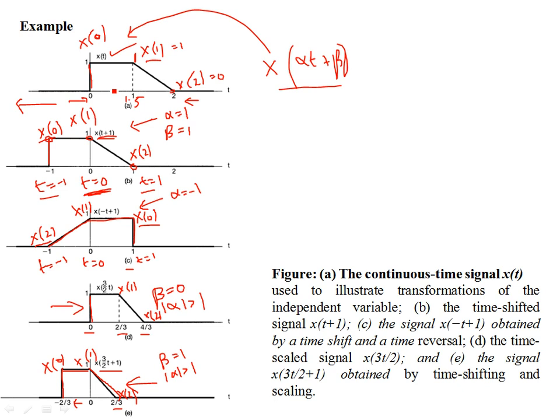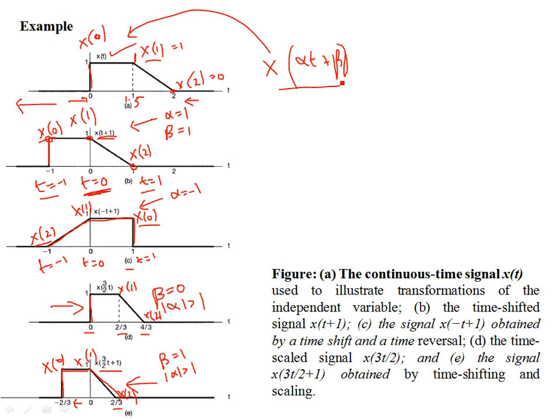Okay, so for any arbitrary transformation, whatever alpha is, whatever beta is, don't worry how dominating it might look, you can always relate the amplitude of x of alpha t plus beta. You can make some substitutions for t, you can relate this with x of t, and you will have a graph. You don't need to confuse yourself about whether you have to time shift first, or time reverse first, or shift in time first, or do the compression later on.